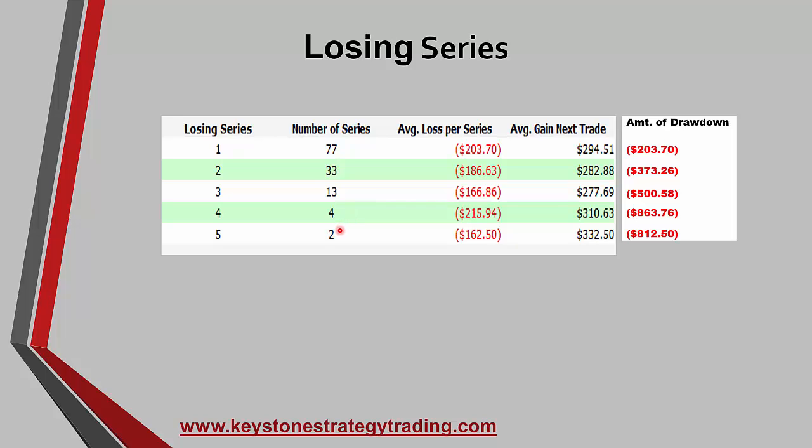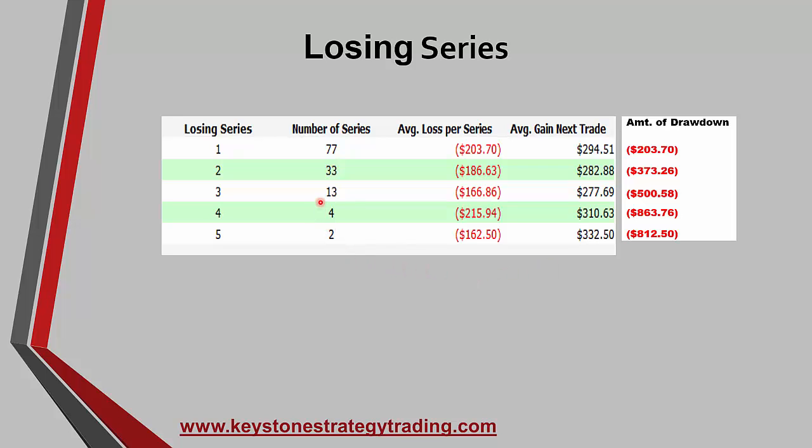In the next example, I had 4 losses in a row, 4 times in the back-tested data, of an average of 215.94. When I multiply that out, I see that the drawdown was $863.76. So 6 times I had drawdowns ranging from $800 to $863.